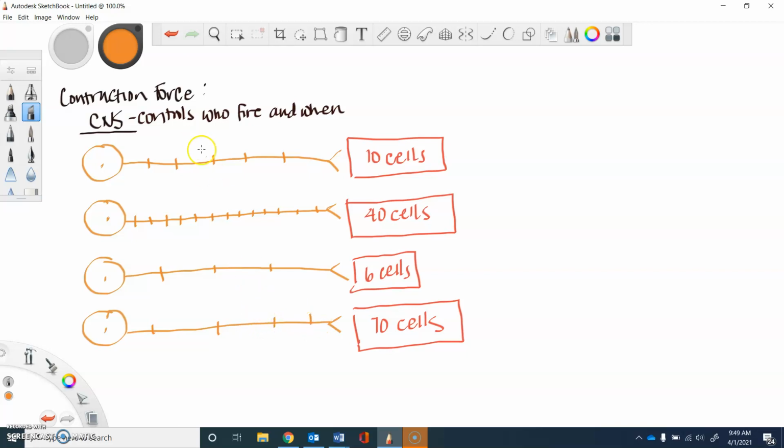So we could start, let's say the muscle is going to start here and stimulate this motor unit, and it is firing, and it may need some help, so then it will recruit, say, this motor unit, and maybe it needs more, so it will recruit this motor unit. Now when this motor unit gets tired, this one comes in and helps, and then this one gets tired and rests for a minute, and then this one turns back on, and so on and so on. So this is called recruitment.